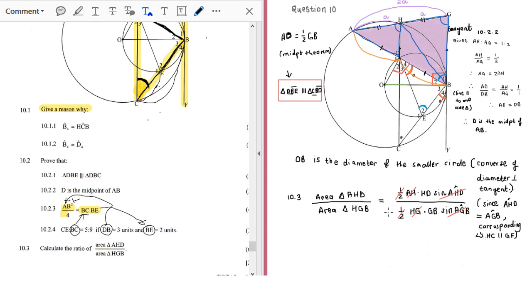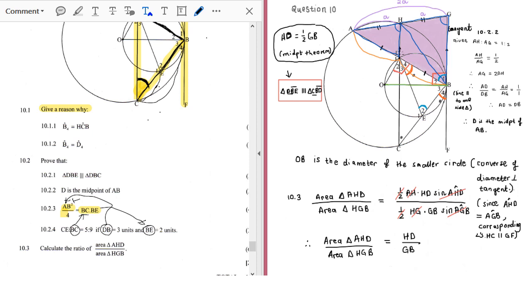So we've now simplified this as the area of triangle AHD to the area of triangle HGB being the ratio of HD divided by GB.